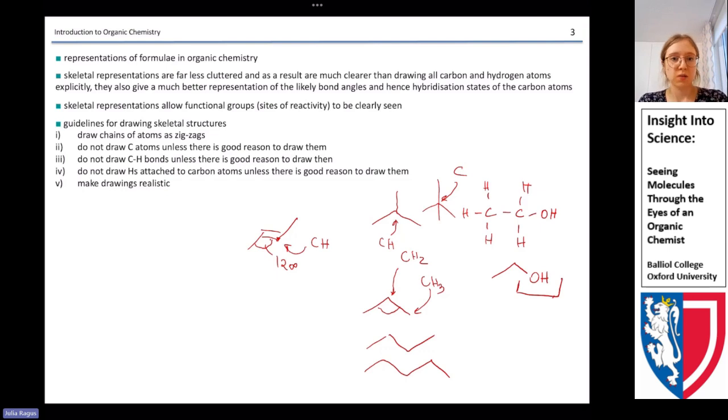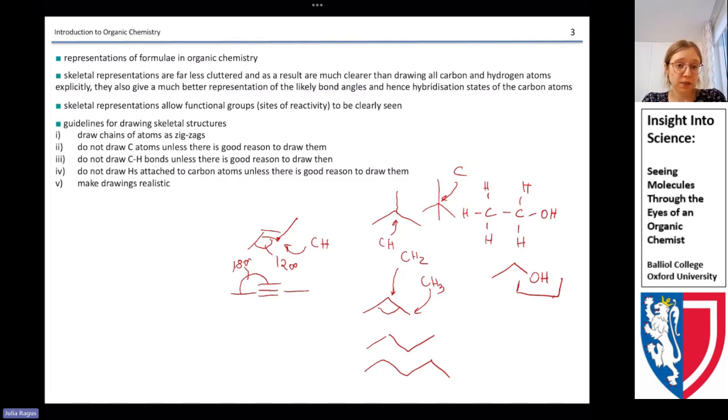The reason for that is simply aesthetics. It's just easier to draw than 109.5. But with alkenes, we are actually sticking to reality because it is 120 degrees between your bonds. For alkynes, when you have a triple bond, however, we know that the angle in reality is 180 degrees, and that's how we draw it.